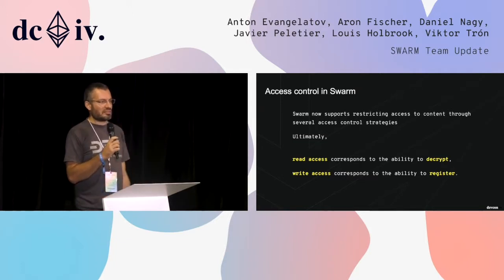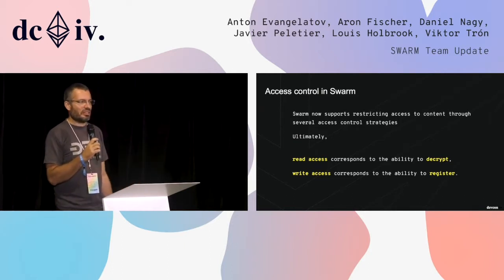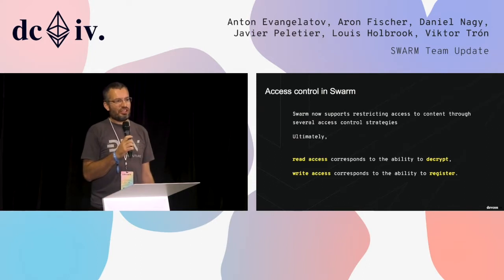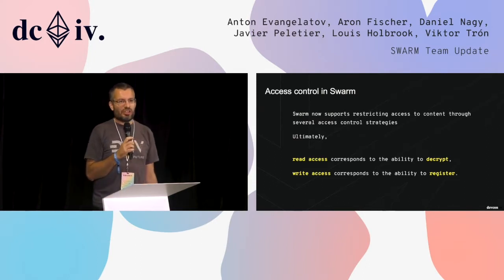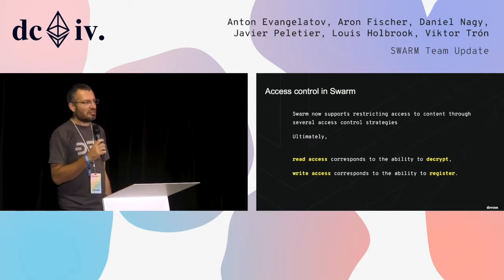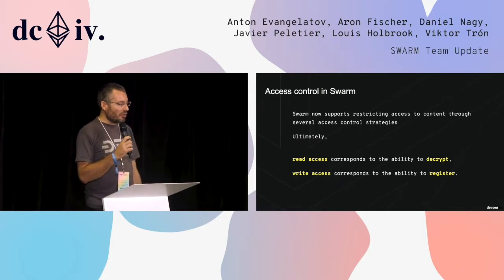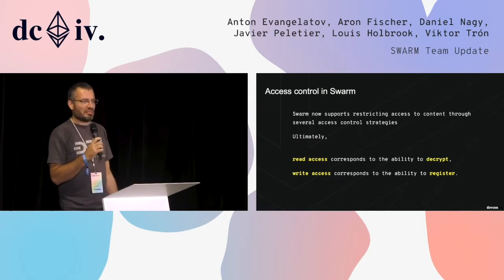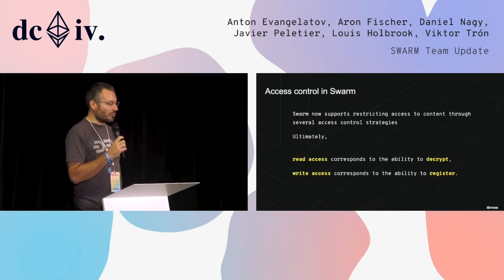Instead, read access corresponds to the ability to decrypt, and write access corresponds to the ability to register. Registration can happen on Swarm feeds or directly in the blockchain, for example, in an ENS contract, and that's about what you need to know about it. But read access, which is the ability to decrypt, is a bit more interesting, so I'm going to talk more about that.